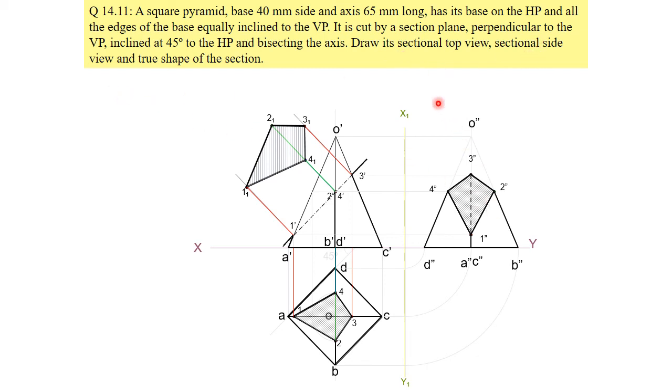And then we have to draw the sectional side view. For the sectional side view, we draw one perpendicular and draw all the projections of the top view horizontally, and then shift these projections vertically. This is x1 y1, another plane.